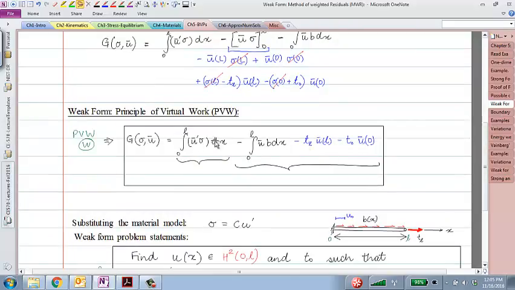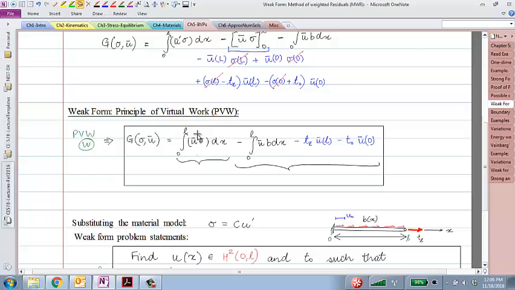Now this particular form of the weak form is called the principle of virtual work form of the weak form, PVW weak form. We had the MWR weak form up there. This is the PVW weak form. This part out here, can you identify this part? What would be u bar prime? What is u prime? u prime is strain, real strain.